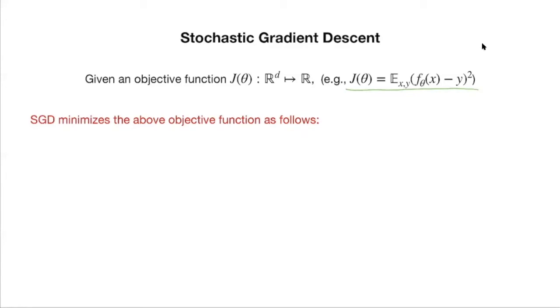Stochastic gradient descent minimizes this objective function as follows. You start from some initial guess, so you fix some theta 0, and then you repeat the following process by following the stochastic gradient.